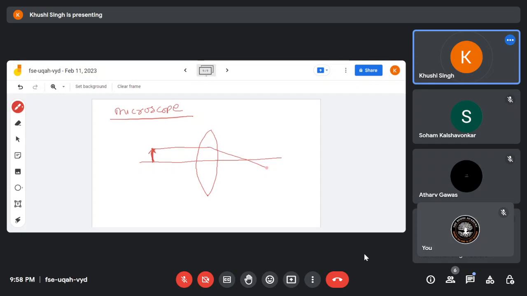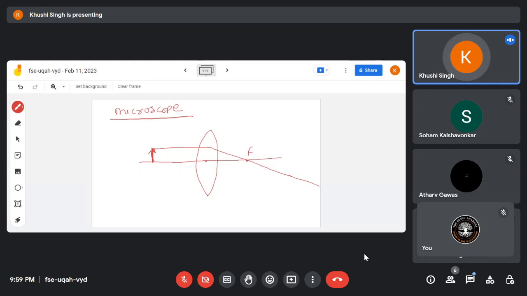Now, why am I saying this? Listen to me very carefully. Three sentences, you can say these are kind of formulas. Whenever your object is at focus, the image will be at infinity in case of a lens. If your object is at infinity, the image will be at focus, right?